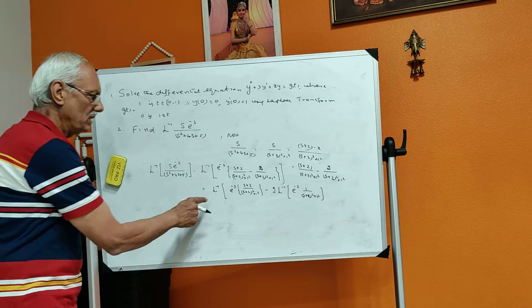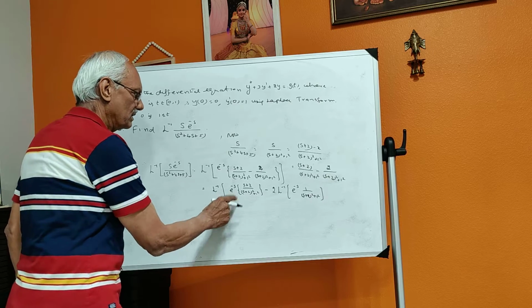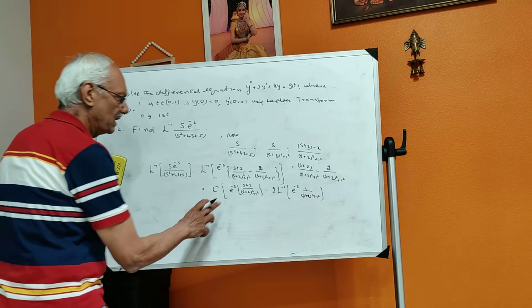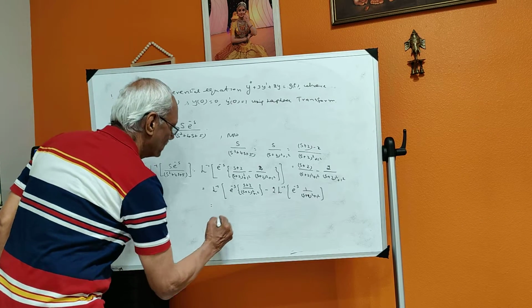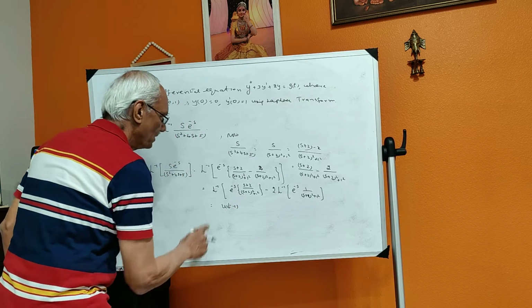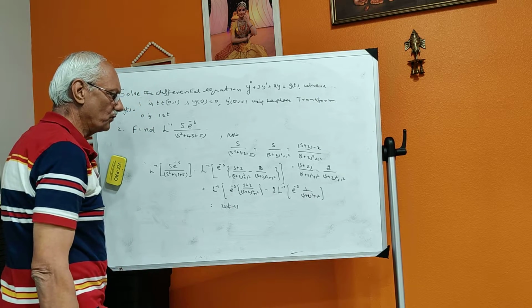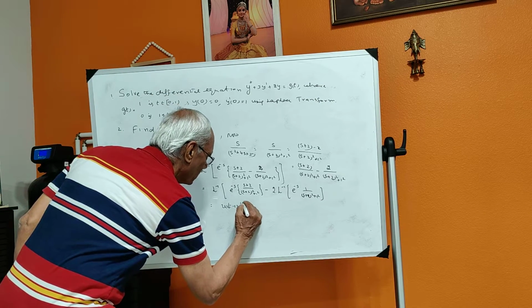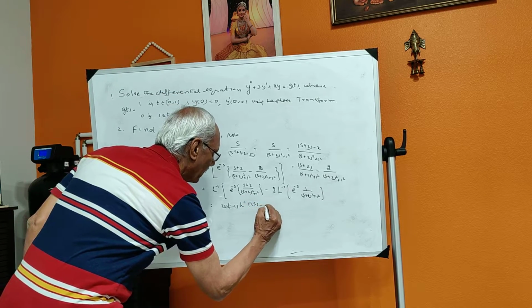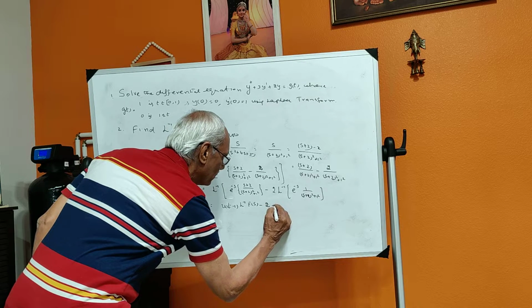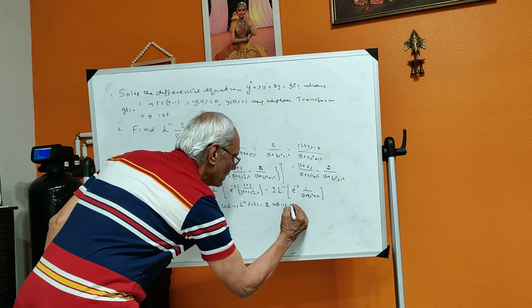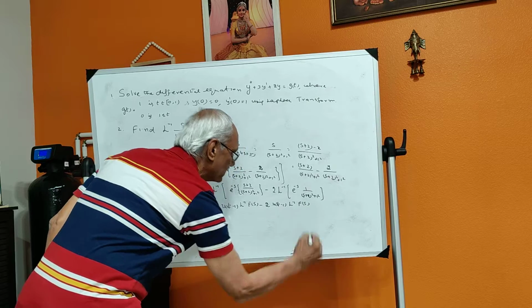Now you see that when you go for the inverse Laplace transform, this e to the power of minus s will make us understand that this is nothing but our step function, which is u of t minus 1. The inverse of this will be u of t minus 1 into L minus 1 of F of s, minus 2 into u of t minus 1 into L minus 1 of F of s.